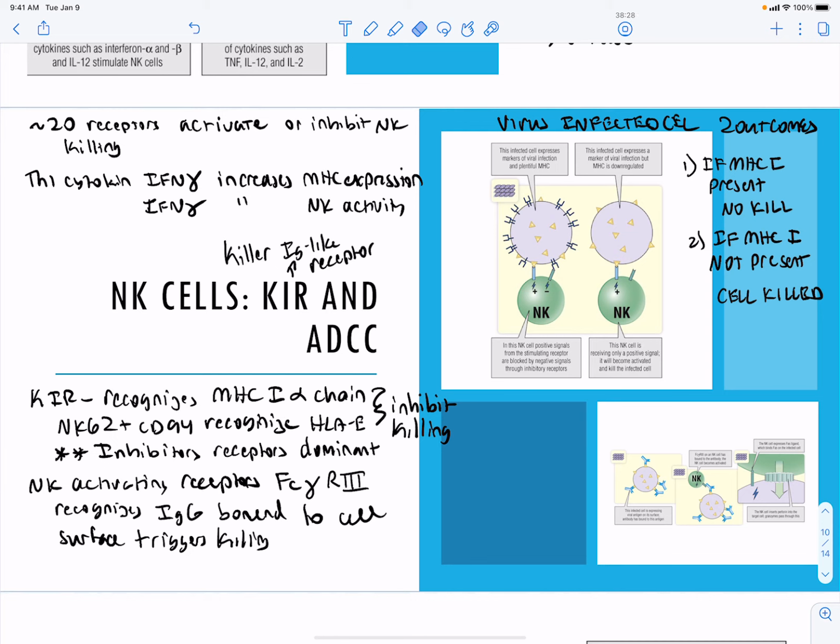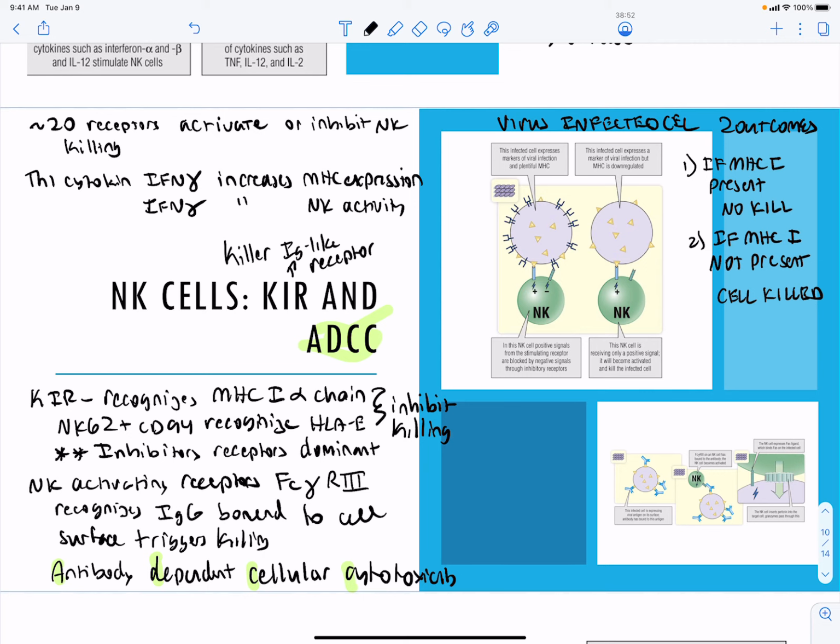This is referred to as antibody-dependent cellular cytotoxicity, ADCC.